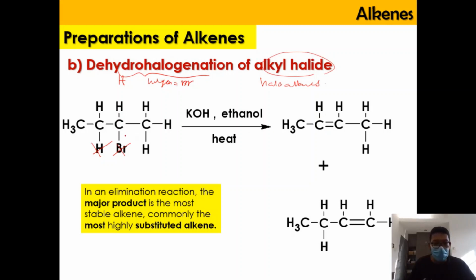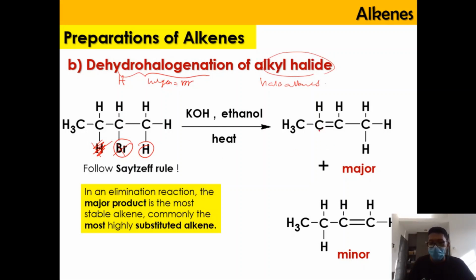So if we remove here, we're going to produce the major product. And if we were to remove from this side, for example, Br here and H here, we're going to produce a minor product. This is called the major product because it is a more substituted alkene, and this is the less substituted alkene according to the Saytzeff rule.